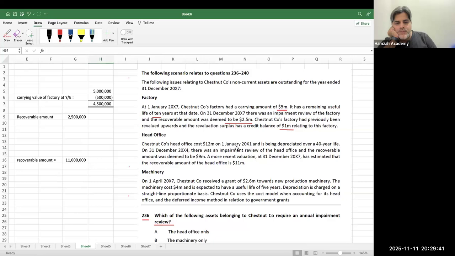Chestnut head office cost 12 million on 1st January 20x1 and is being depreciated over a 40-year life. On 31st December, impairment review, the head office recoverable amount is 9 million, right? And then a more recent valuation has estimated that the recoverable amount of the head office is 11 million over here.